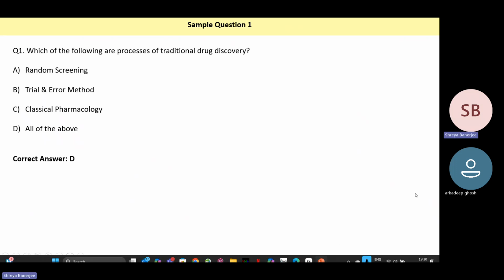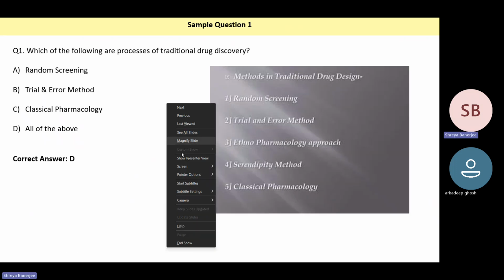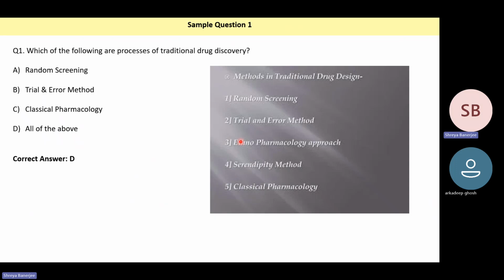So here the answer is all of the above. If you remember, traditional drug discovery consists of random screening, where known medicinal plants or known bioactive compounds were randomly screened to find which of them show activity, or the trial and error method, where different plants are screened to find which of them can act as drugs, or classical pharmacology, which was function based.